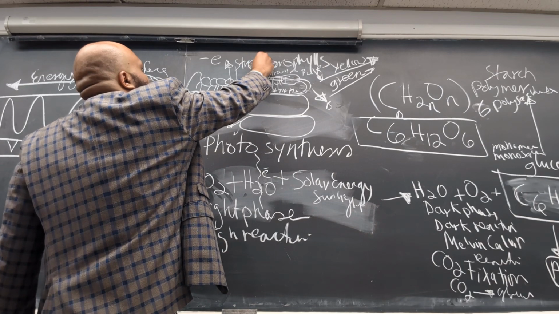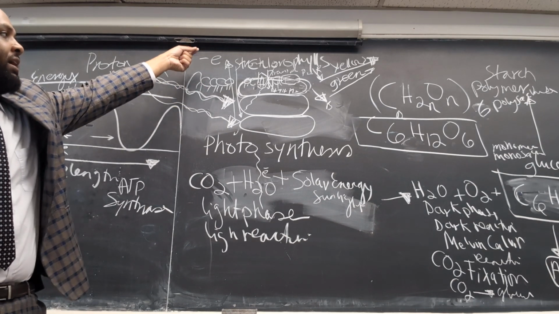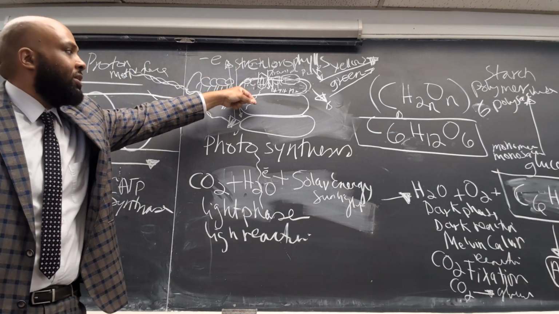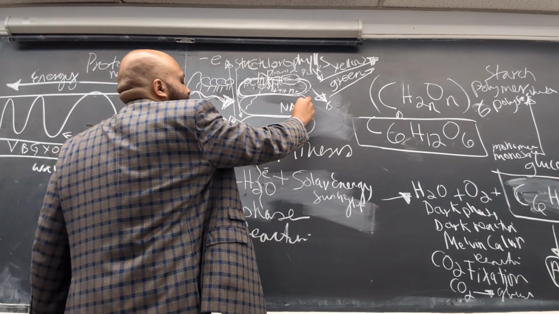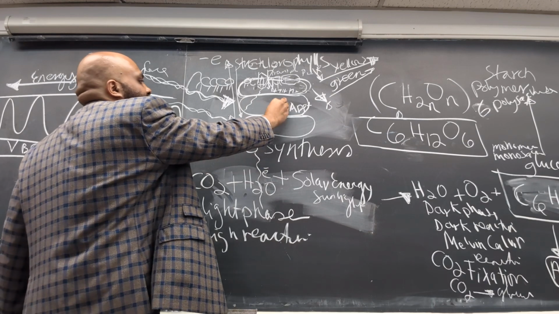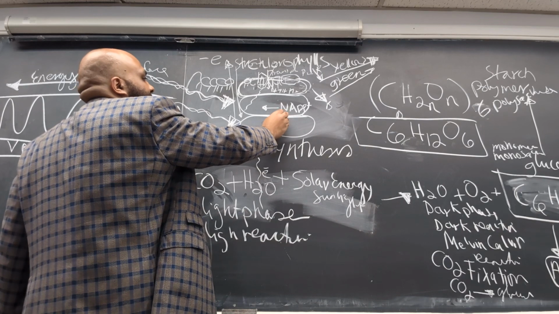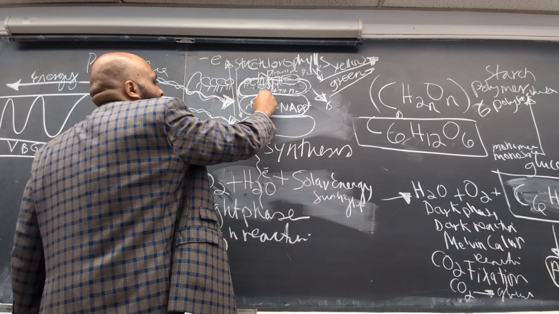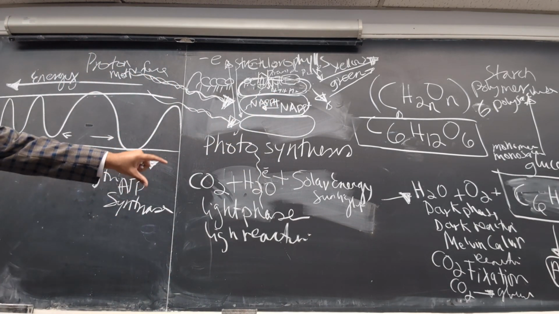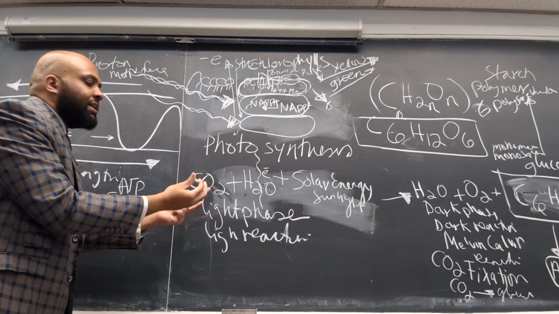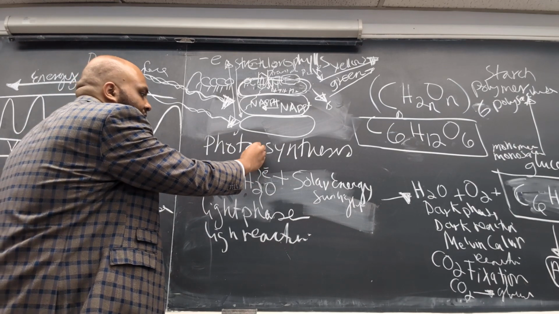This stroma is going to accept all of the electrons that have gained energy, and it will send them back into the thylakoid, replacing NADP, which has been oxidized, giving it that electron, and now we will turn from NADP plus into NADPH.